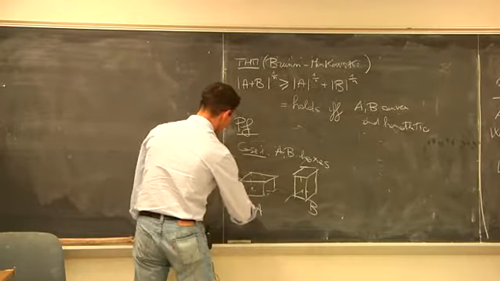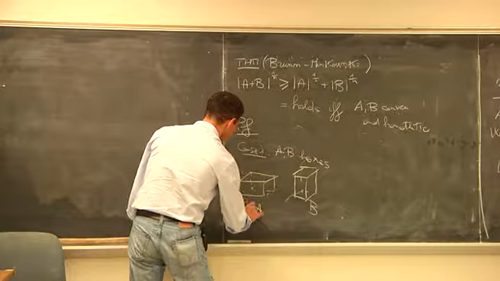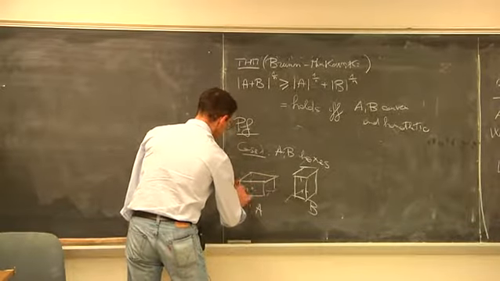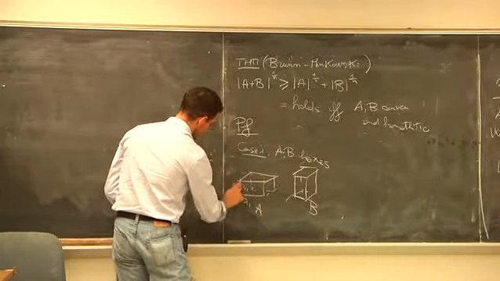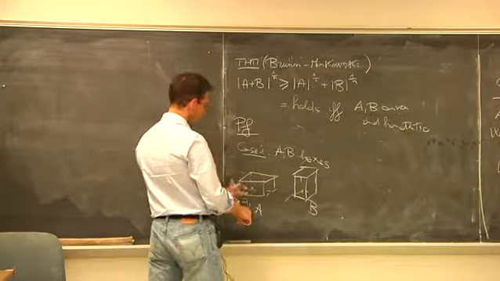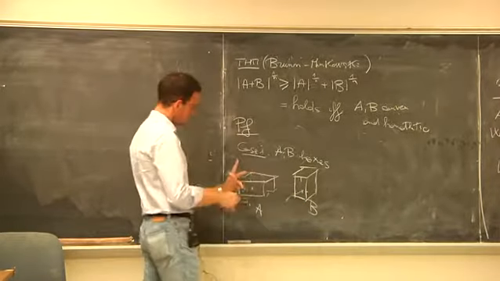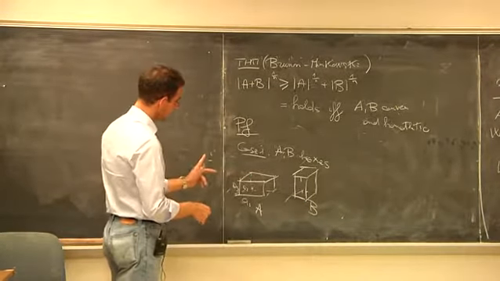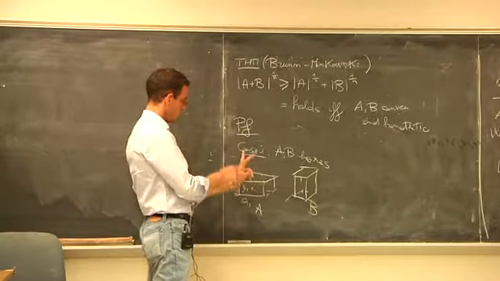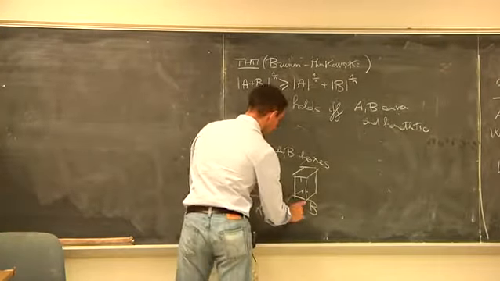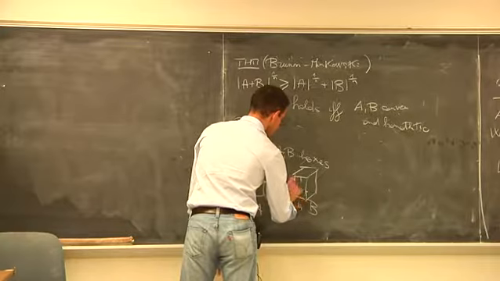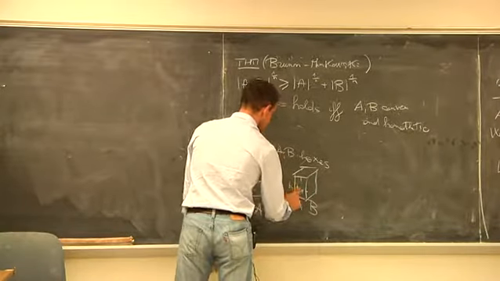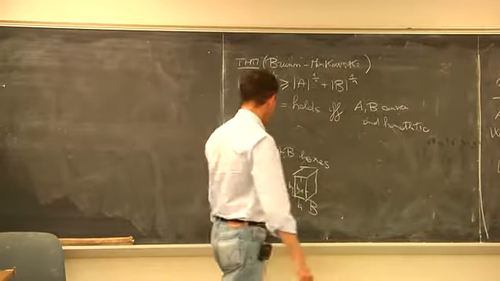Let's say I'm going to call the three lengths of A: A1, A2, A3. These are parallelepipeds which have the axes parallel. And then here I have B1, B2, and B3. So what is A plus B?